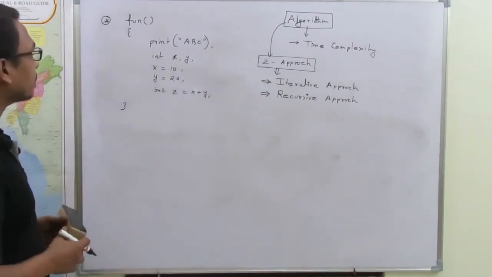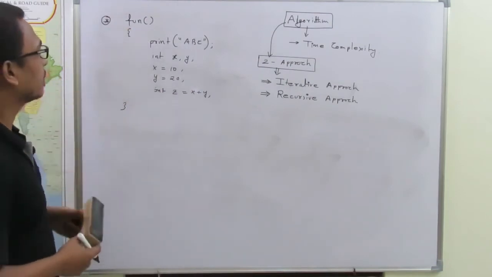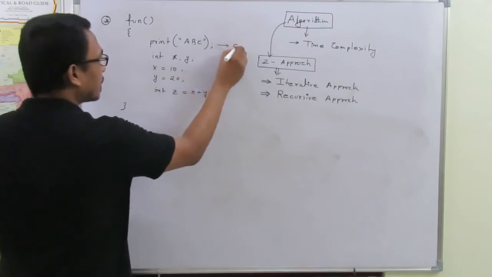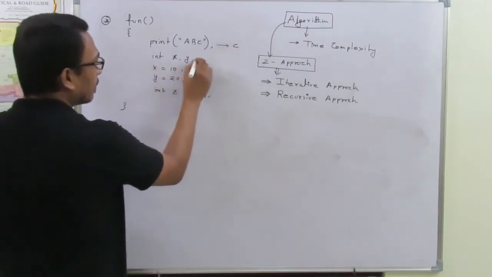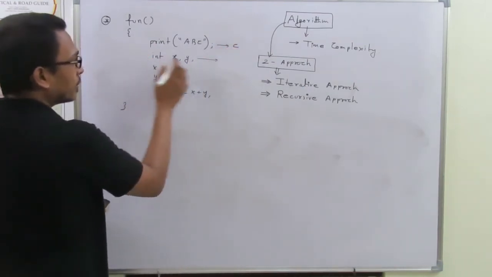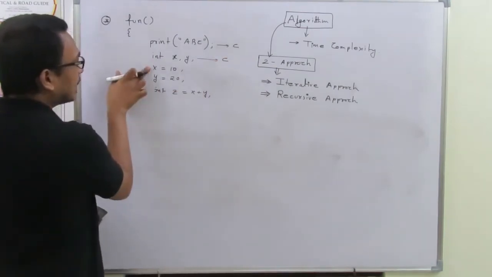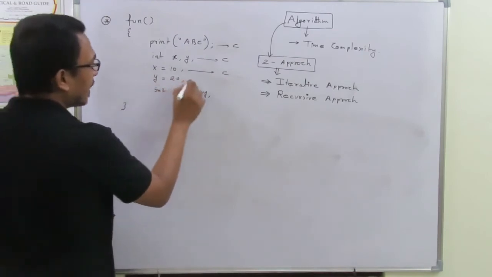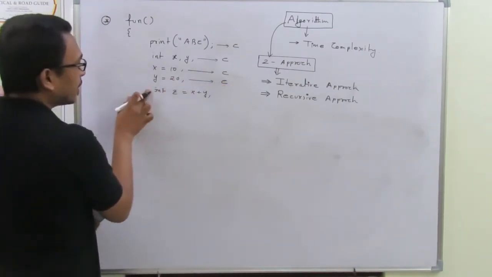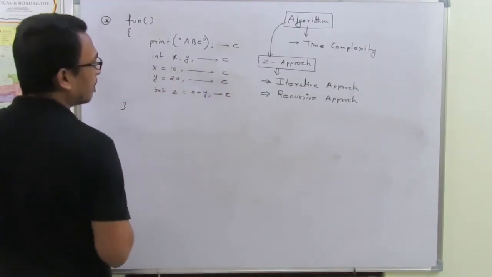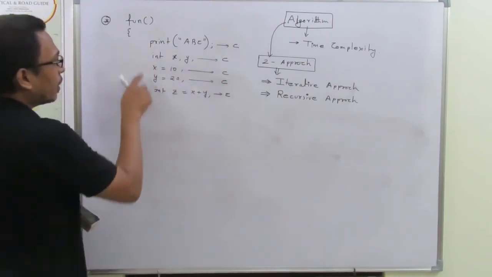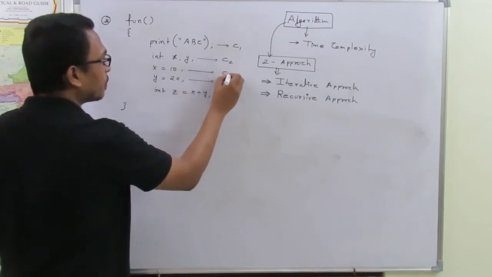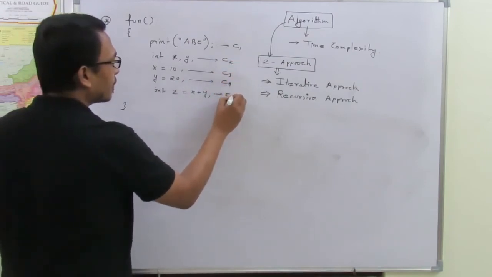Look, here the first statement is not a loop, not recursive, that means it will take only a constant time. This is again no loop, no recursion, so it will again take constant time. This statement again will take some constant time, and so will the next two. But are all the constants the same? No. So because of that we use C1, C2, C3, C4, C5.